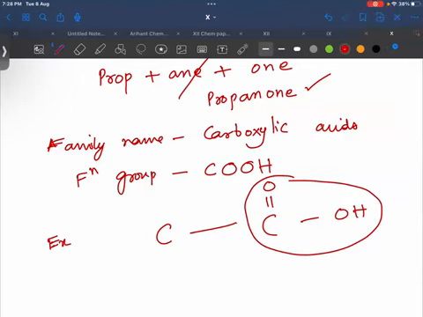See the position of OH, see the position of the doubly bonded O. Okay, so the secondary suffix for carboxylic acids is oic acid. Oic acid.